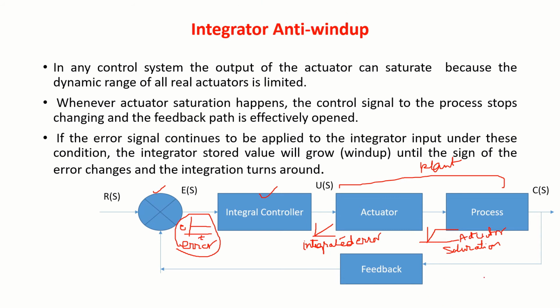So the actuator saturates, right? What do we mean by actuator saturation? Let us assume that the actuator is a motor, and the motor is driving an XY table. This motor has a maximum speed, let us say 2800.